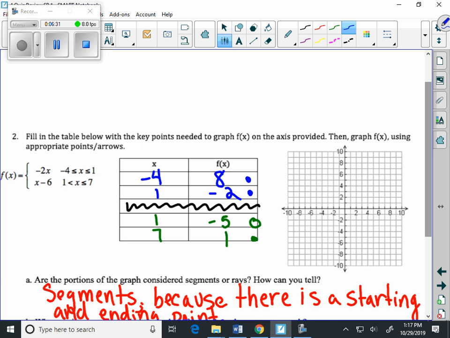Negative 4, 8. 1, negative 2. And then we've got 1, negative 5. Open circle. And 7, 1. And there's our piecewise function.